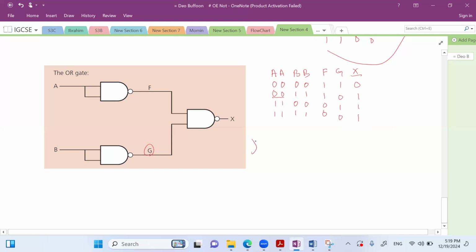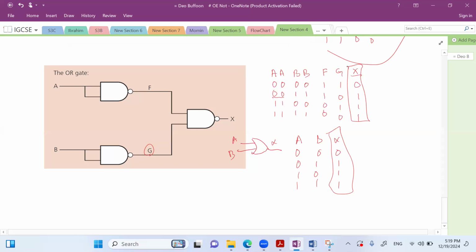So if you are drawing an OR gate with the A and the B, and try with the A and the B and then X, we have 00, 11, and 01 and 01. 00 will become 0. Otherwise, everything is 1. So now again, this statement and this statement are the same.